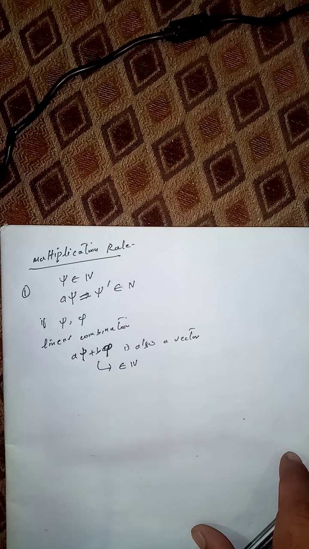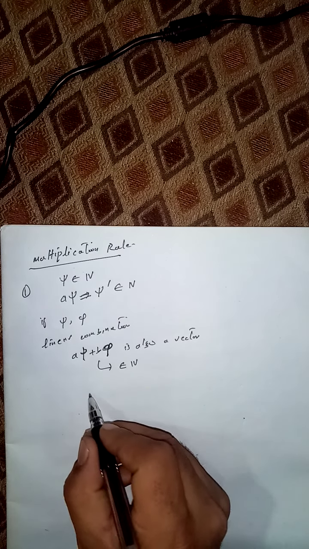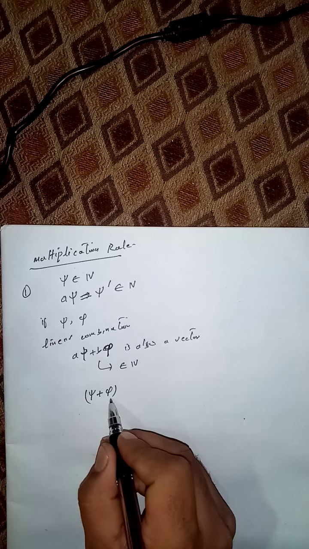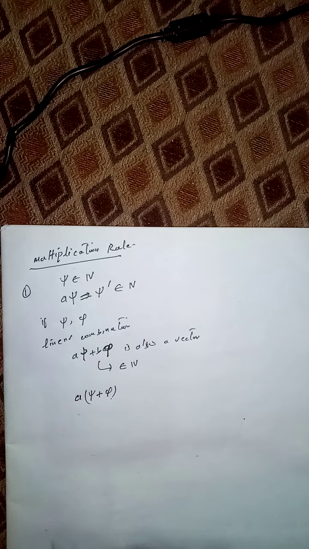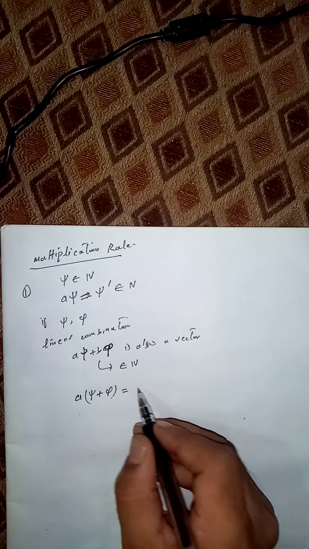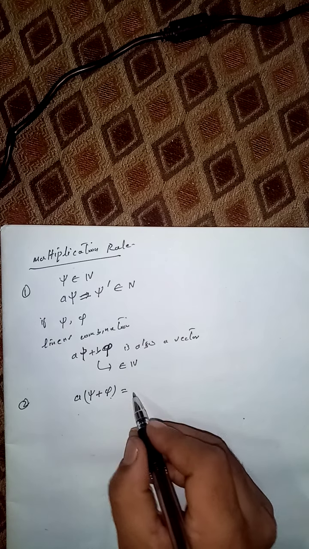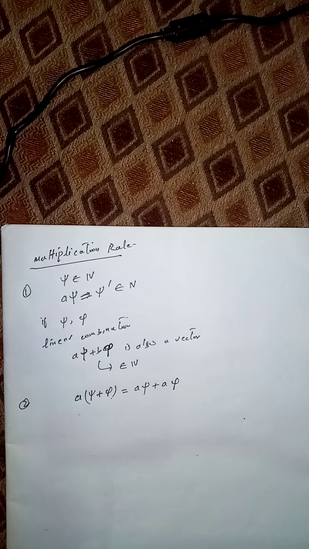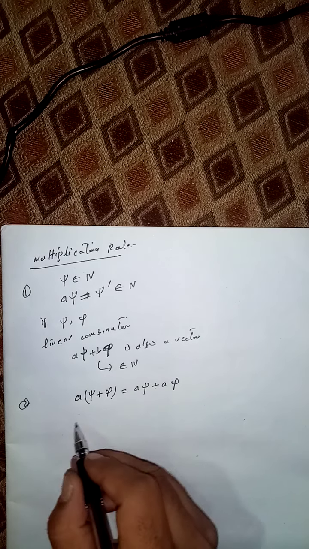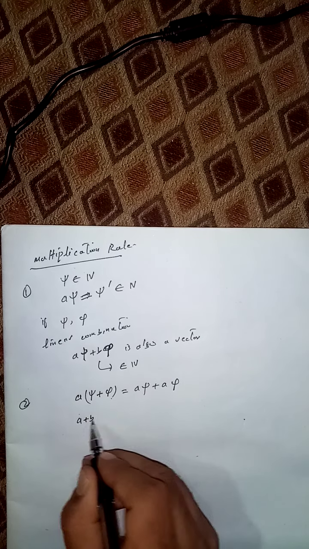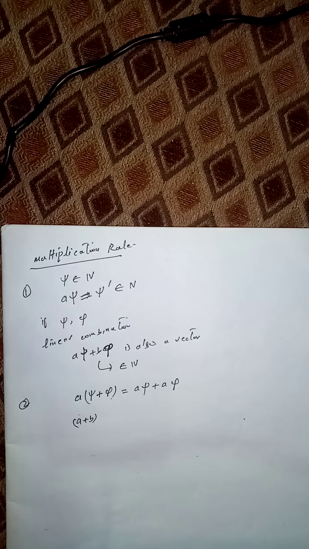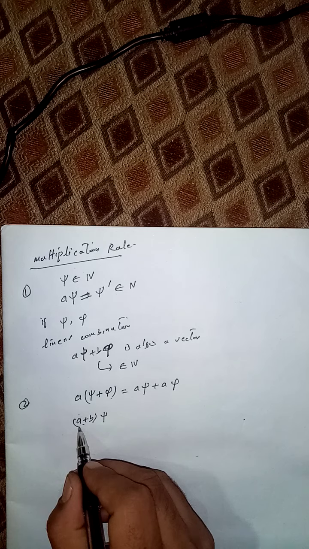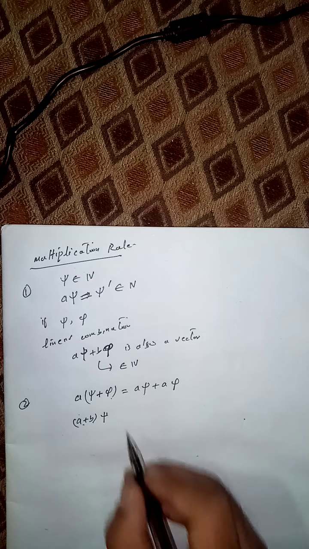Now if we have two vectors psi and phi such that we add them and multiply with a scalar A, then it will be equal to A of psi plus A of phi. If we have two scalars A and B, we add them first and multiply the sum with this vector psi.